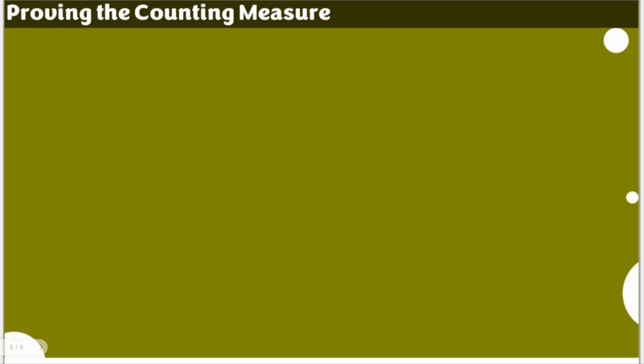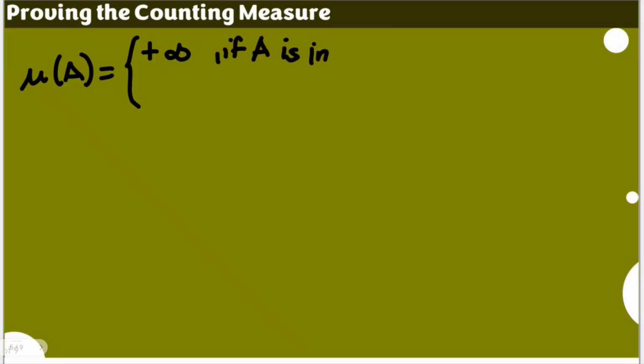We have here the mu of A, where A is a subset of X or an element of the power set of X. We have here this piecewise function stating that its value is positive infinity if A is infinite, while it is the cardinality of A if A is finite.